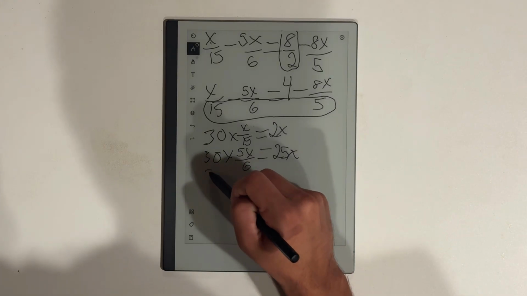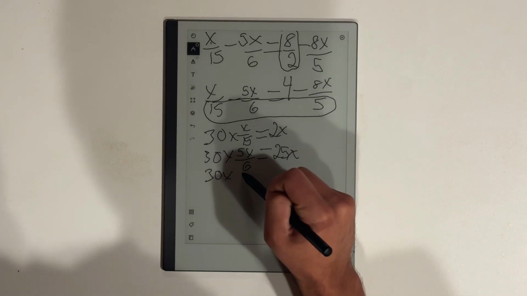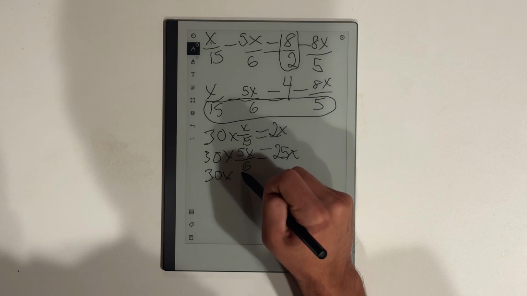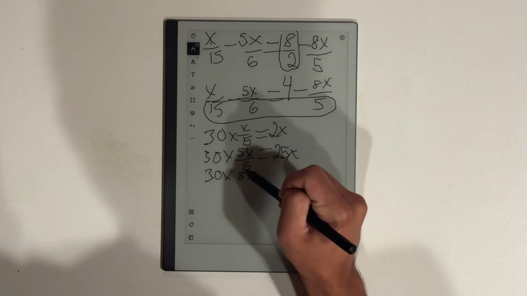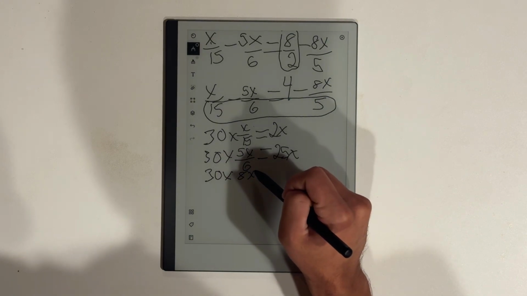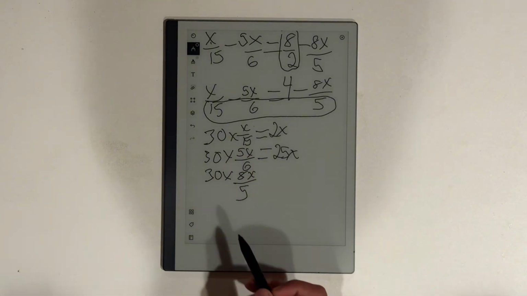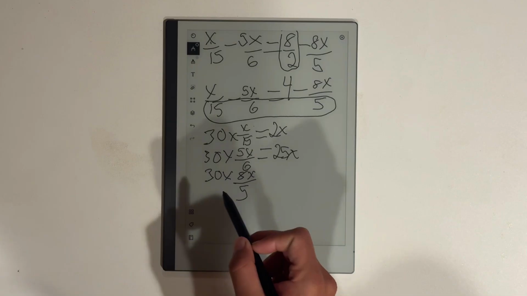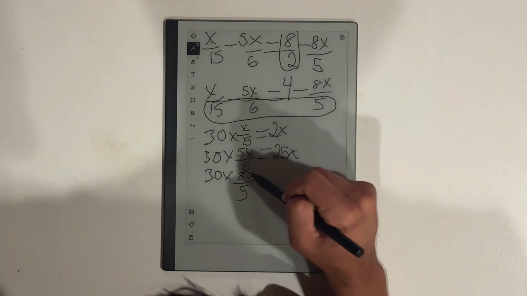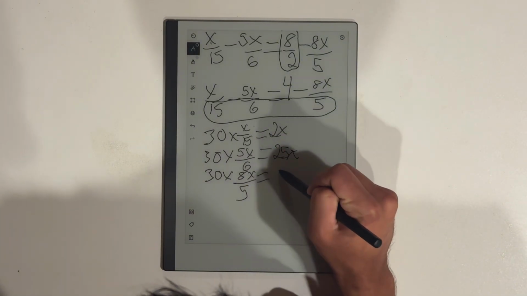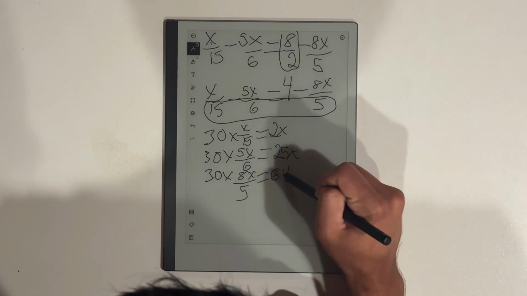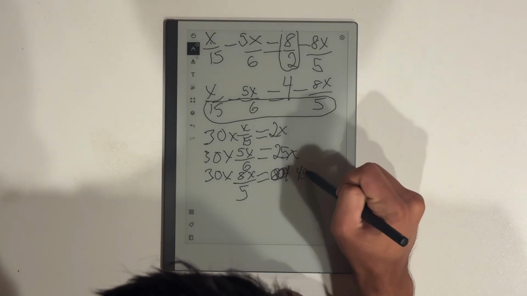And now the next one, we'll do 30 times 8x over 5. So that is going to be 6, because 5 goes into 30 6 times, and then we will do 6 times 8 equals 48, so 48x.